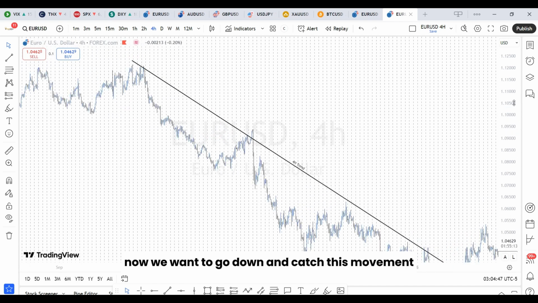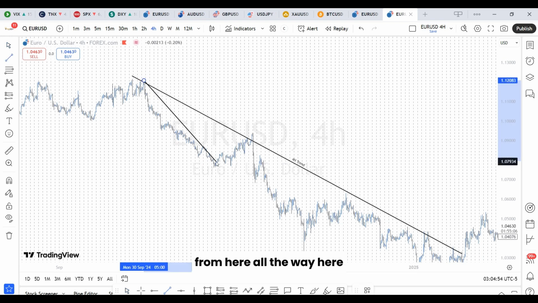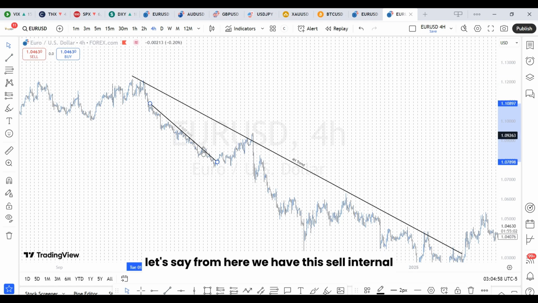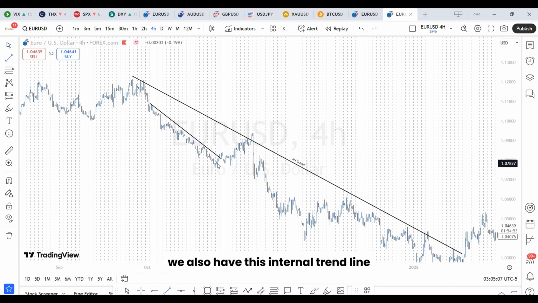Now we want to go down and catch this movement from here all the way here. So we have this sell movement, let's say from here we have this internal trend line. We also have this internal trend line on the 4 hours time frame.